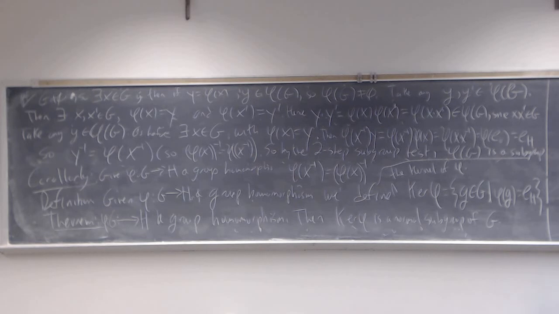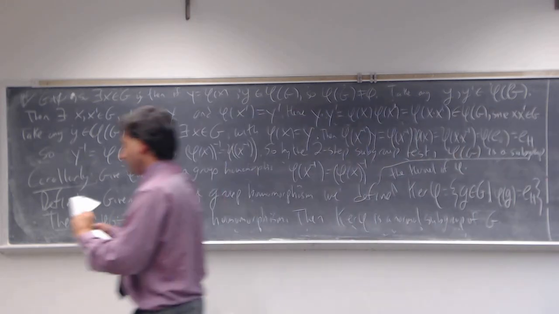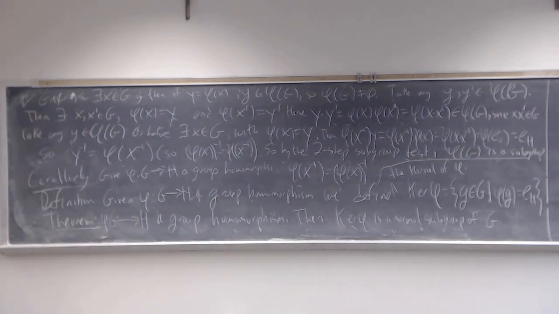The range was out in H, so the range was a subgroup of H. The kernel involves elements that we stick into the function, so the kernel is a subset of G. We're going to prove it's a normal subgroup. So we'll show it's a subgroup, then we'll show it's normal.